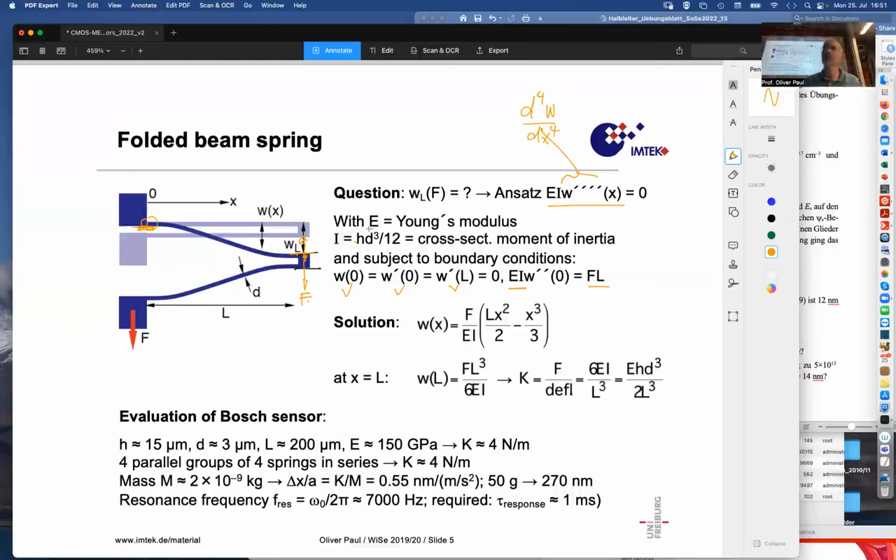That's an important law: beams respond to mechanical forces with the cube of the thickness. You make a beam 2 times as thick as an original beam, and under the same force it will deflect only 1/8 of the original beam.